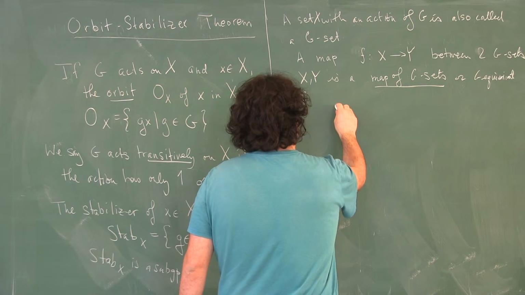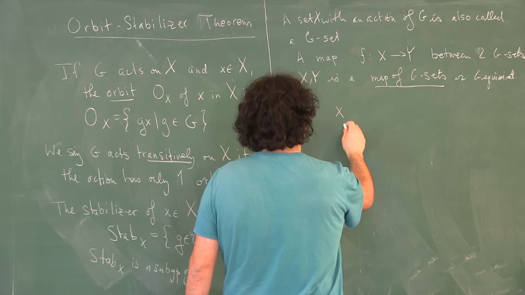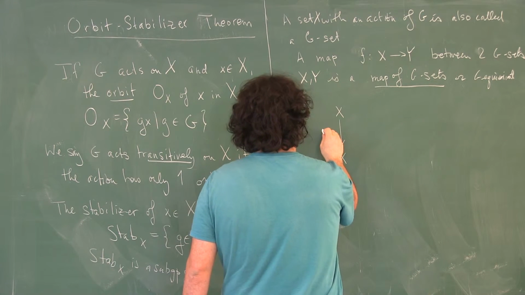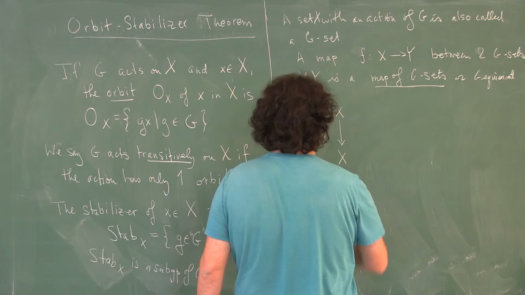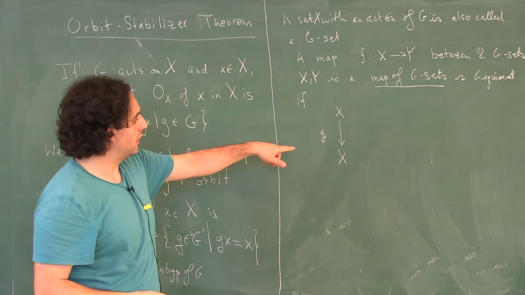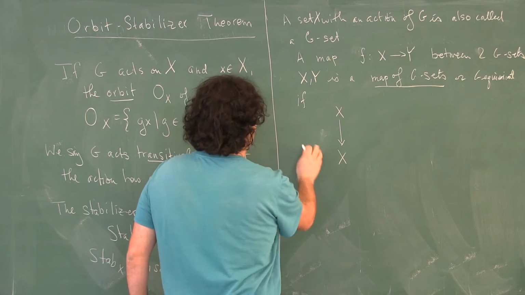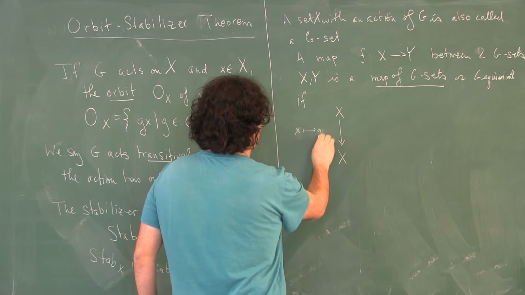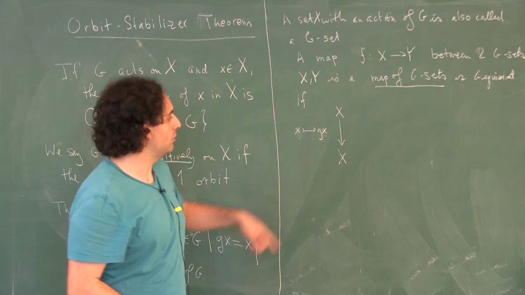So I have X. I have a map from X to X given by doing g dot the element. So here I have little x goes to gx. That's this arrow.